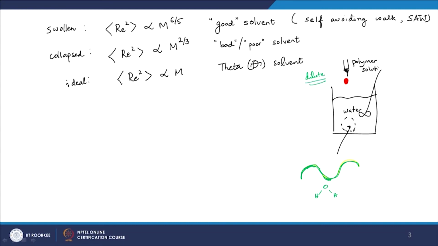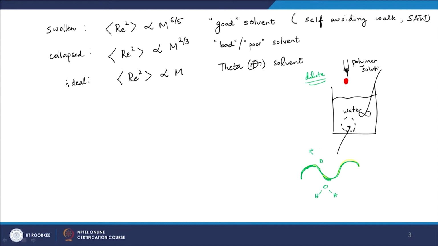We will talk about concentrations of polymer solutions a bit later. So, let us say it is dilute enough that if I take a particular volume of my beaker, I will only see one polymer chain surrounded by solvent molecules. The water molecules are much smaller compared to the polymer molecule. A polymer molecule can have a molecular weight in thousands and a water molecule has a molecular weight of 18, okay.